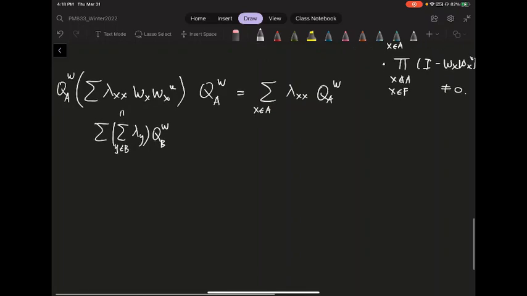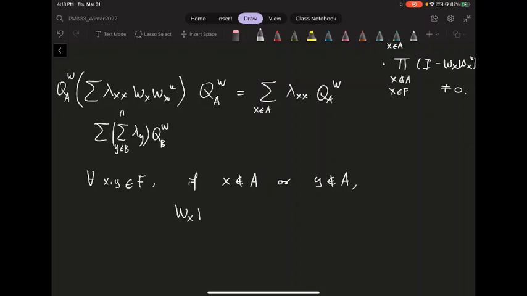So one other thing you want to observe is that for every x and y inside F, if x is not inside A or y is not inside A, then your W_x times W_y^*, let's say x is not inside A, so you will have a Q_A^W here and then a Q_A^W there.